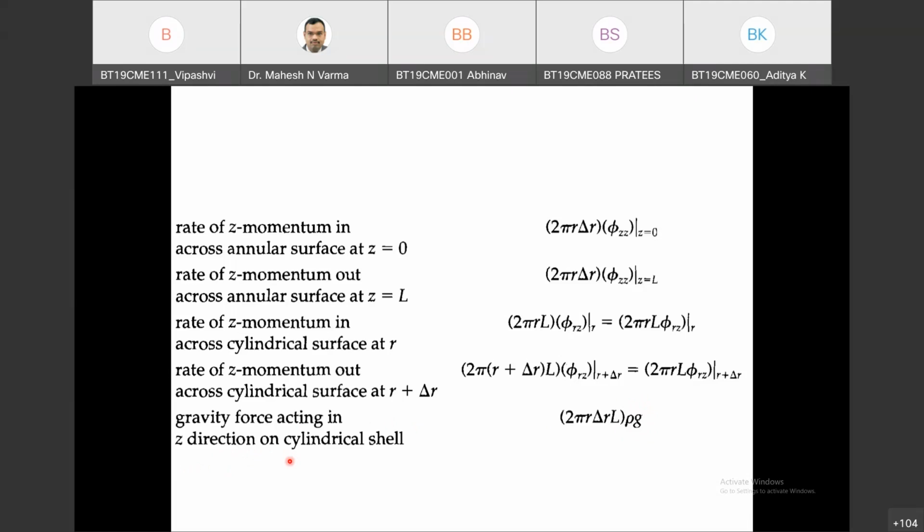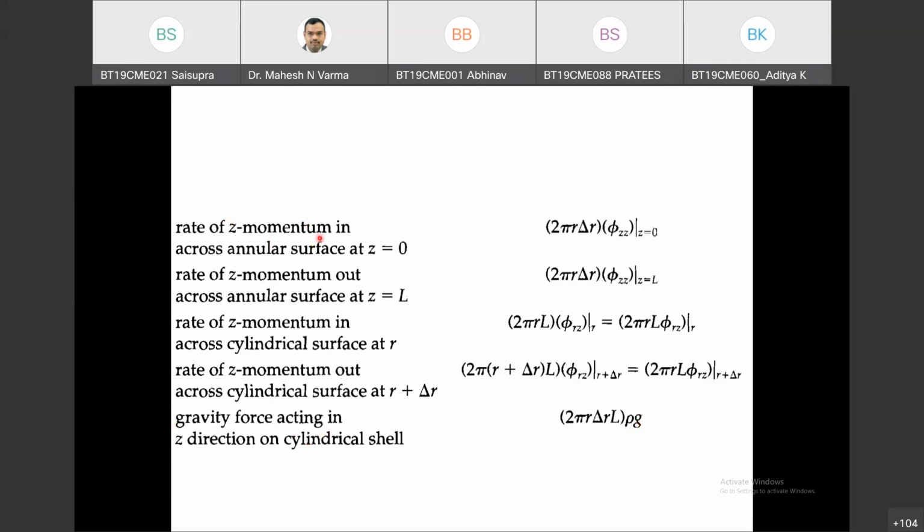Roll number 21, Pratish. Yes, sir. What will be the gravitational force acting in the direction of flow in this annular flow? Negative direction, sir. So instead of g, I need to take minus g. Other things will remain the same.